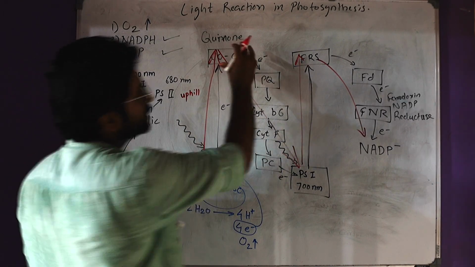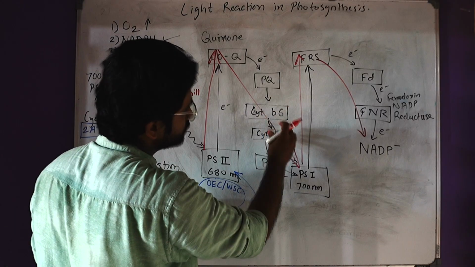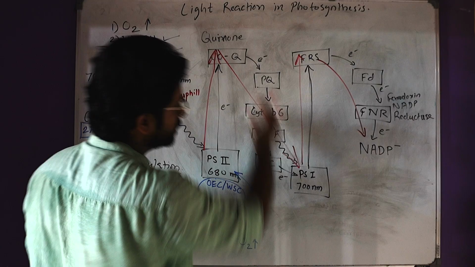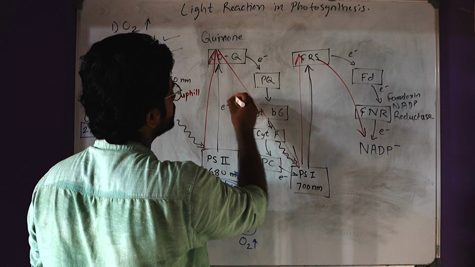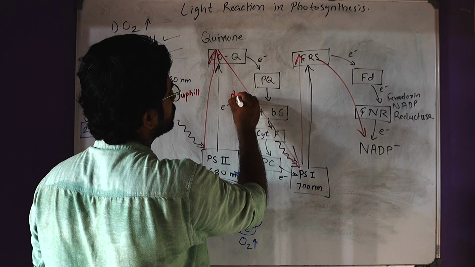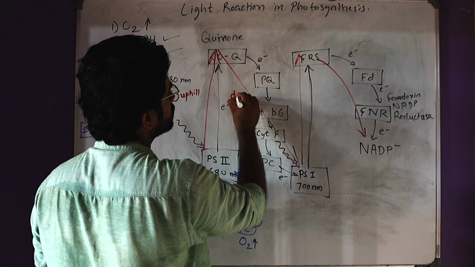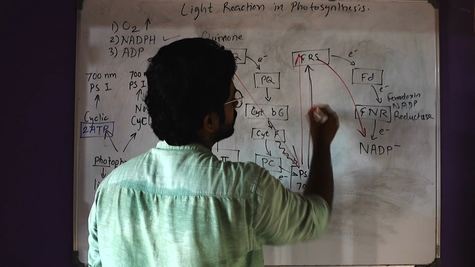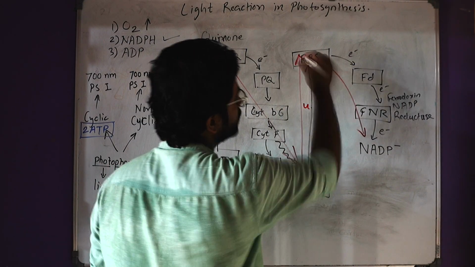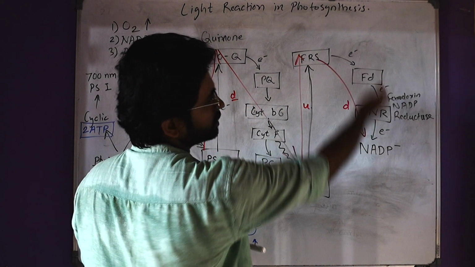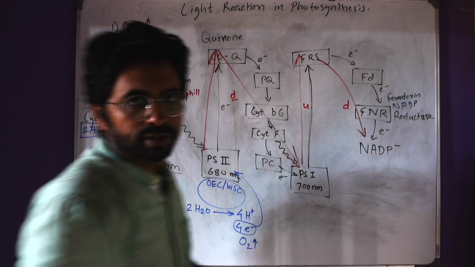So you can call this uphill movement. But when energy reduces from protein to protein, as we have discussed before, this is known as downhill movement. I am writing D. Again there is uphill movement, and again there is downhill movement, because when the electron comes here, it loses its energy.